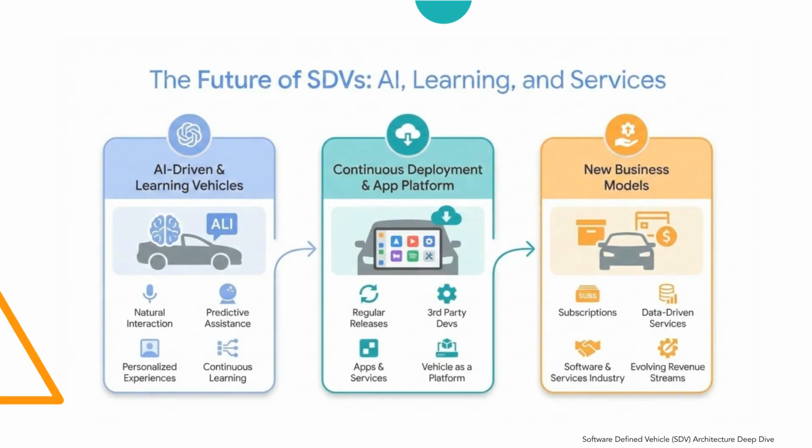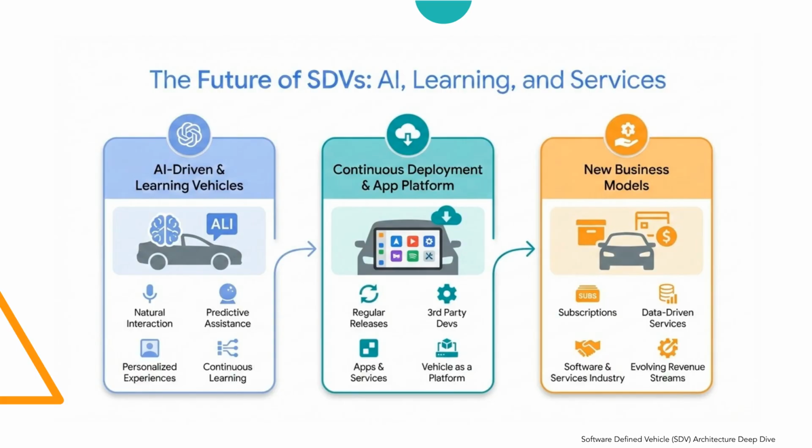Looking ahead, SDVs are just the beginning. The next phase is AI-driven vehicles. AI copilots, powered by large language models, will enable natural interaction, predictive assistance, and personalized experiences. Vehicles will continuously learn from driver behavior, environment, and fleet data. We will also see continuous deployment models, where new features are released regularly, just like software applications.